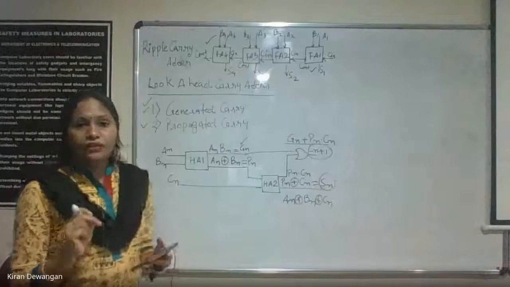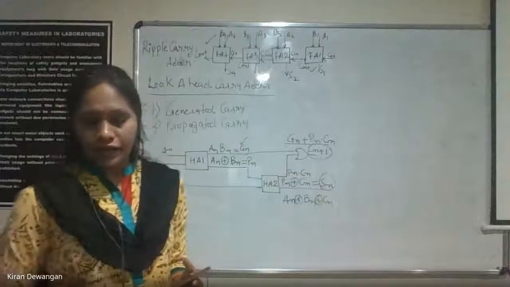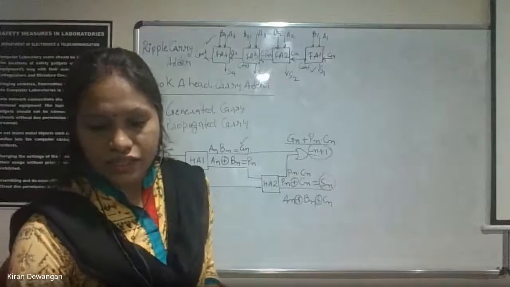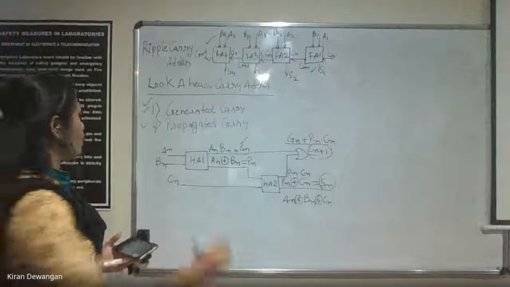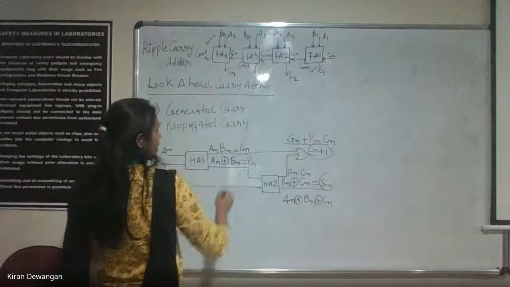So this is how we'll be having two outputs of the first full adder. Now we'll have to convert it to look ahead carry adder. How does it convert? Now we got to know about the generated carry and the propagated carry.